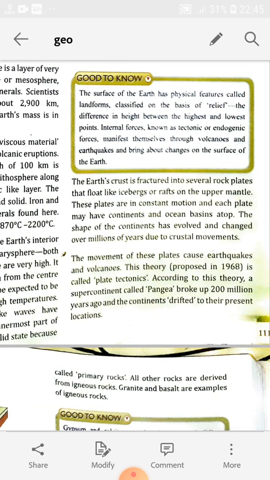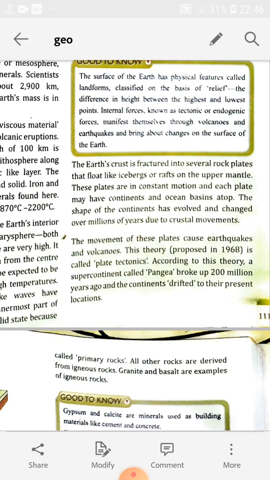These tectonic plates contain continents and oceans atop. That means on top of these plates we find the continents and oceans. Clear? The shape of the continents has evolved from these crustal movements. Now there is a theory called plate tectonics.